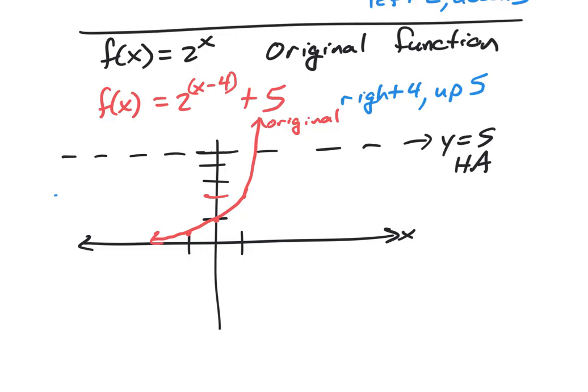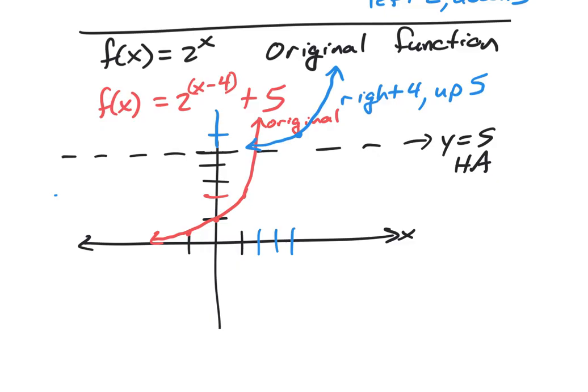Okay, so I'm going to put this into my calculator. I'm going to kind of show you what we get and just kind of show you what it looks like here. And you guys can do as I do mine. Some easy points to use to graph this. And you could do a few other points as well, but the biggest thing is I'm going to probably ask you what type of change has taken place, right 4 and up 5, and then I'm going to ask you to kind of graph it.